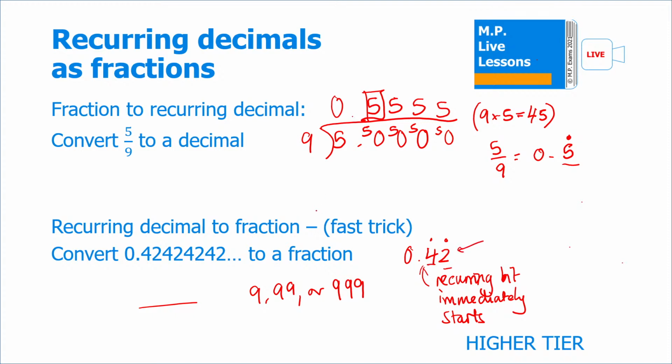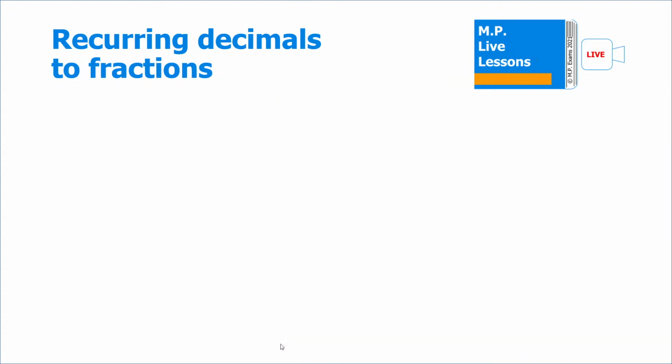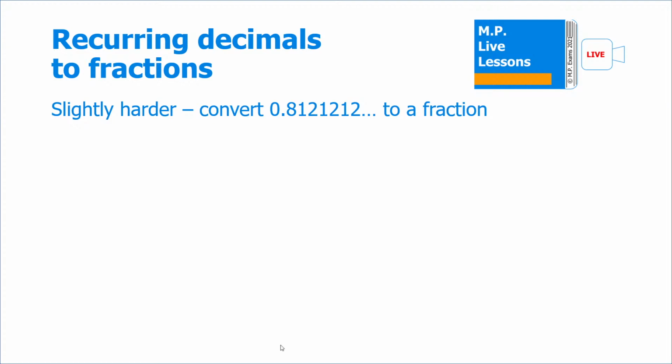So since there are 2 digits in the recurring bit, we need 2 nines, or 99. So our denominator is 99, and we just put this recurring bit on top. So that's 42/99, and this can be simplified actually. If you divide both the top and the bottom by 3, you eventually get 14 divided by 33 as a fraction. That's simplified.